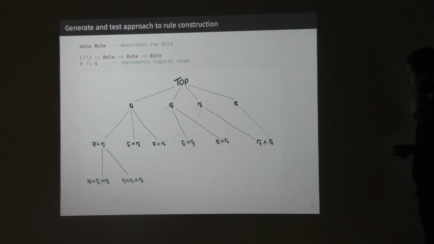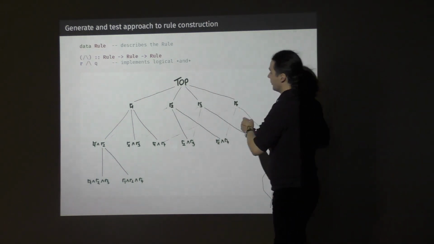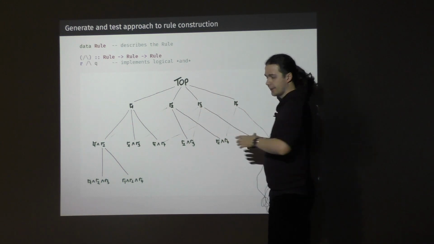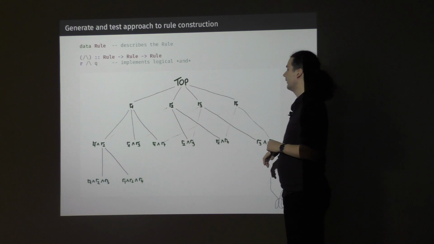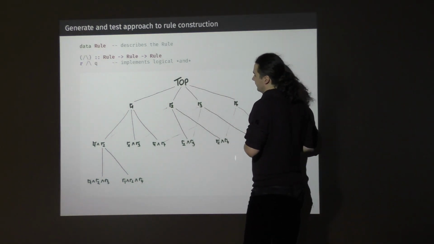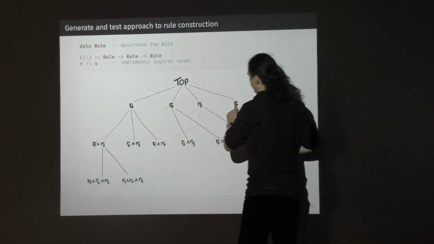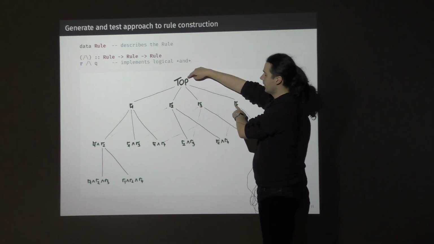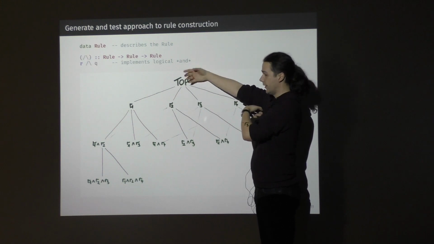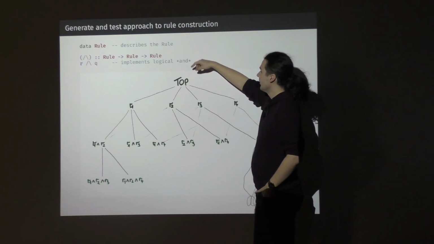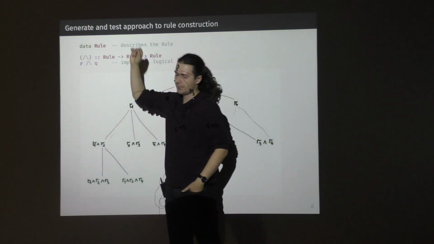So those specific rules, those that have just one constraint on one attribute value, are the more general rules. The only more general one is, as I said, this rule, which I called top, which takes all the rows. And we have this logical AND between the rules.